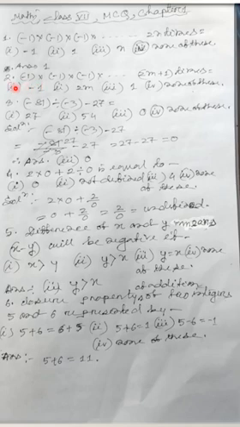Now see this question, question number 2. -1 into -1 into -1, twice m plus 1 times. Twice m plus 1 times means what? It is an odd number. m is any positive integer. Twice m plus 1 is an odd number.